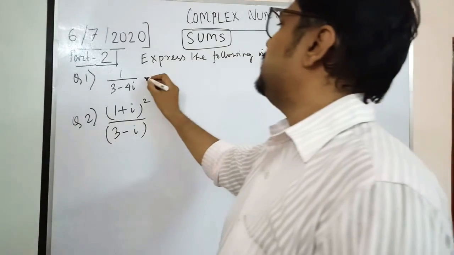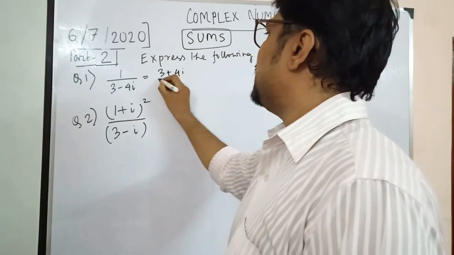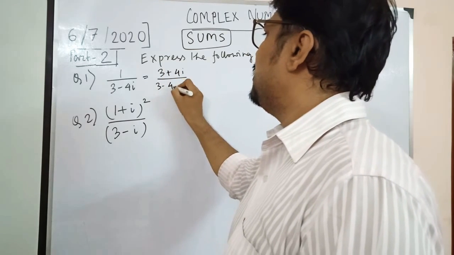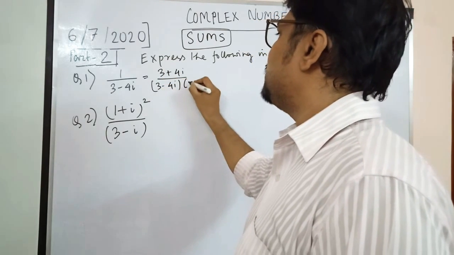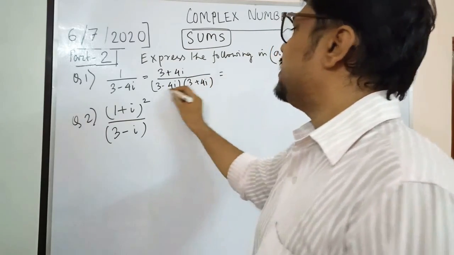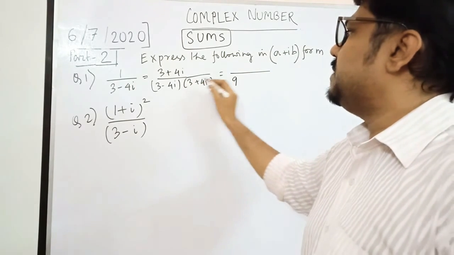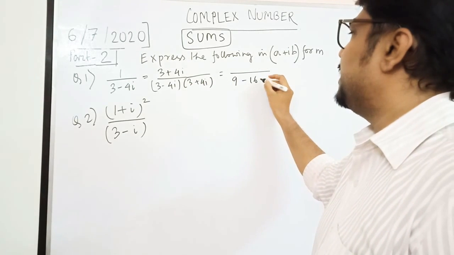So here what we do, we multiply with 3 plus 4i, that means the conjugate. Why do we multiply with the conjugate? Because if we multiply the conjugate to both numerator and denominator, it will be converted to a real number. So it will be 9, 3 square is 9, minus 16i square.